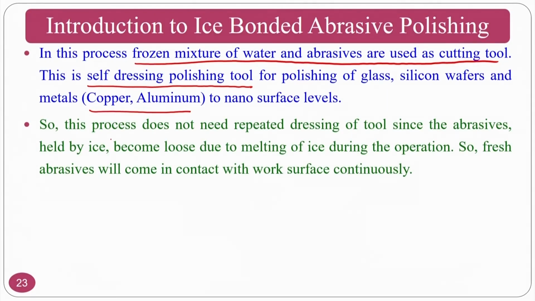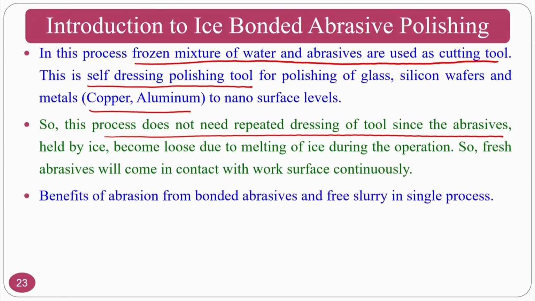So, this process does not need repeated dressing, because the abrasives are held by the ice. Whenever the temperature of this ice increases, what will happen? The bonding will become loose, or the hard grade of this polishing pad will become a soft grade. So, the abrasive particles will dislodge and new abrasive particles will come into existence.